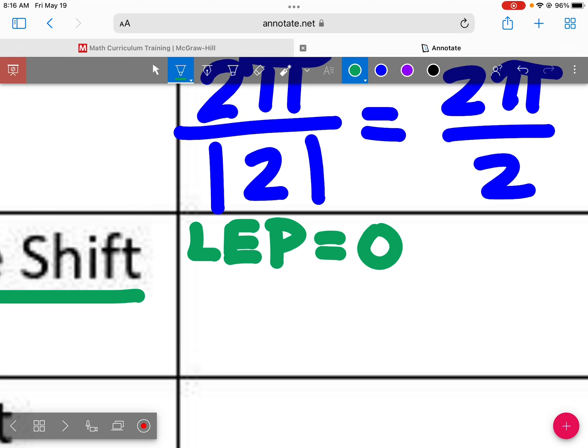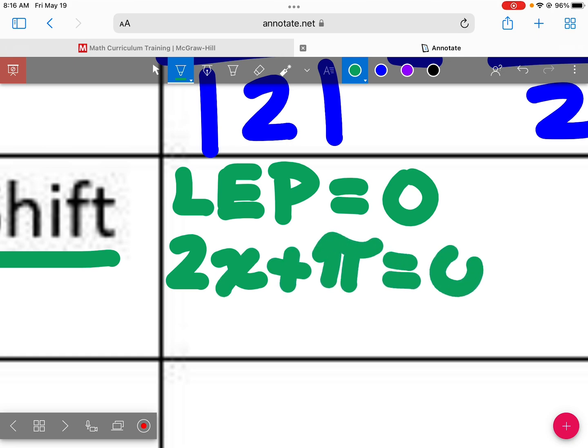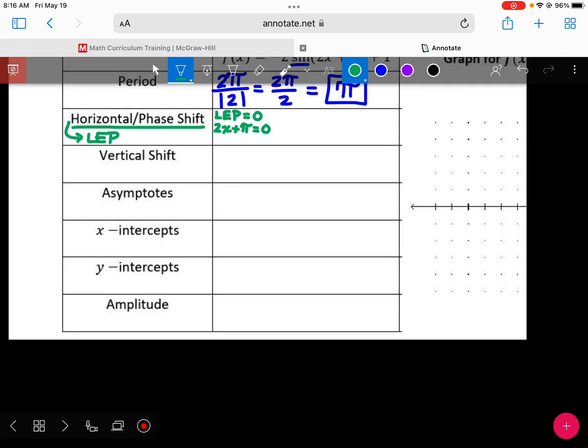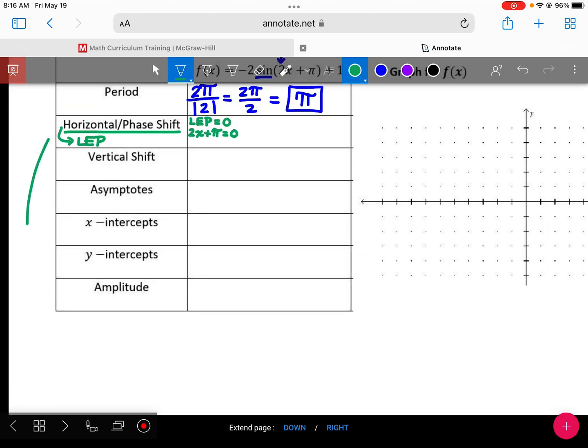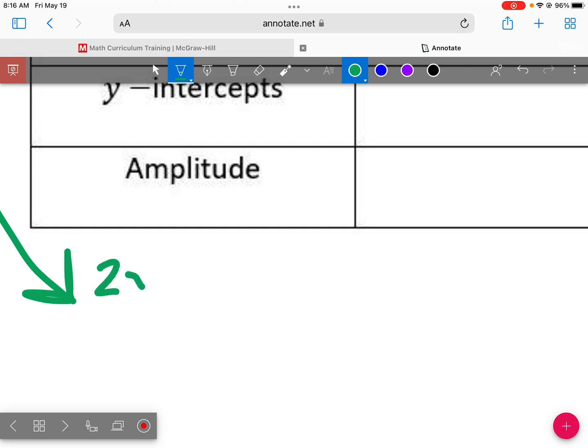Then I take everything inside the parentheses, 2x plus pi, and set that equal to 0. I don't have enough room in this little box, so I'm going to bring that down here. So 2x plus pi equals 0.